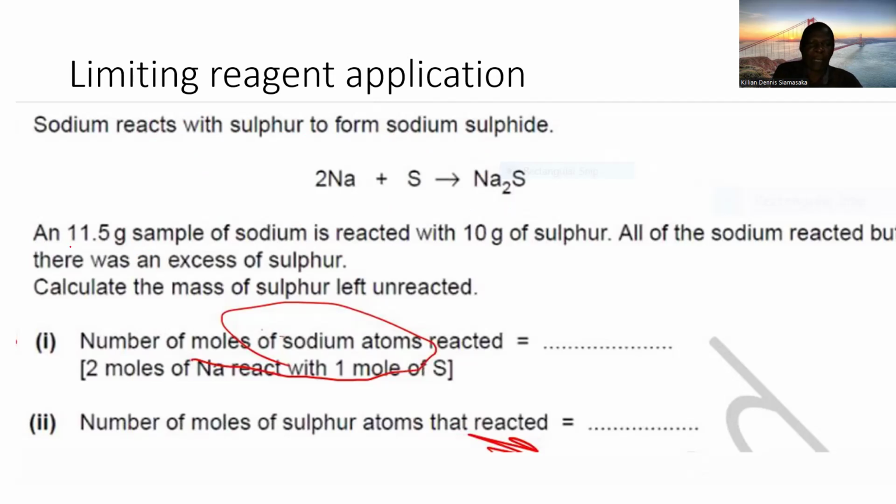So here we have this mass for the reactant and this mass for the reactant. So calculate the mass of sulfur left. You calculate the mass which is left at the end of the reaction.